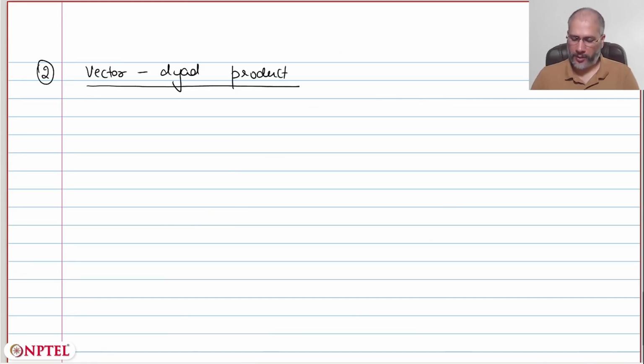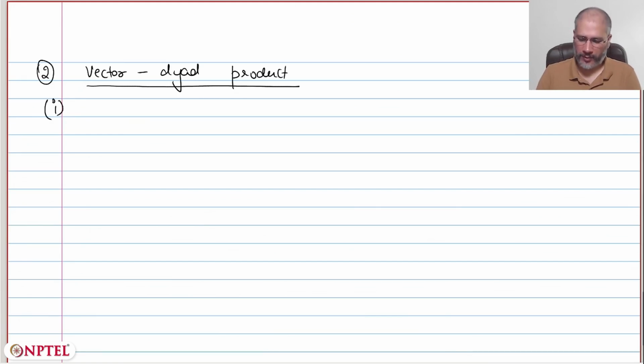So let's move on to the next kind of product. This product is called the vector-dyad product. What we're doing is multiplying a vector with a dyad, and the dyad is something that we have just defined. In fact, vectors and dyads can be multiplied in different ways, so we'll have subsections here.